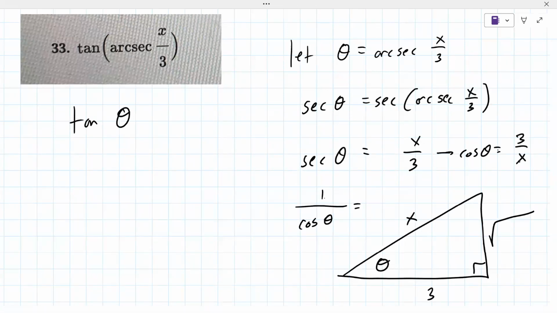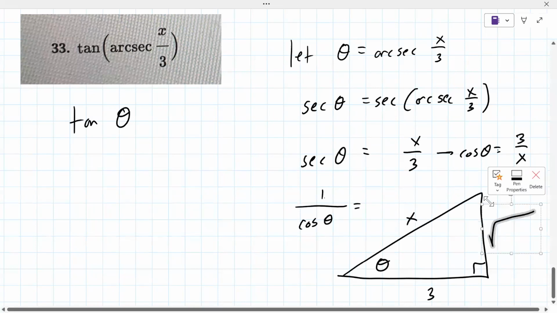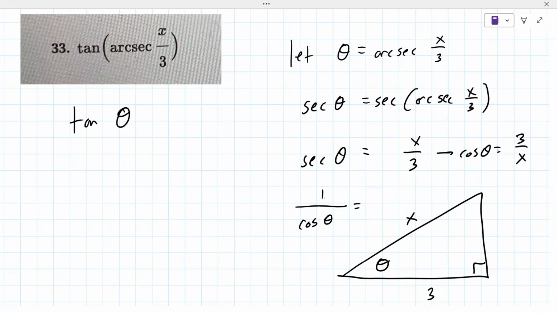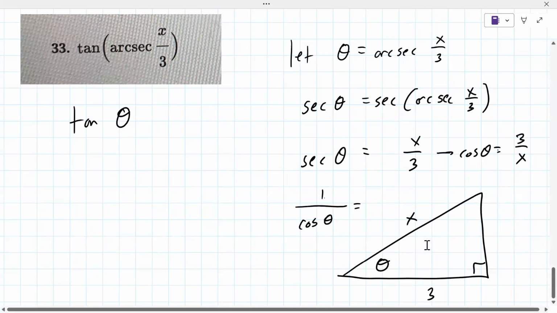Well, I'll let you actually solve for that. Could you solve for that missing side, please? The square root of x plus 3 times x minus 3, all over 3.